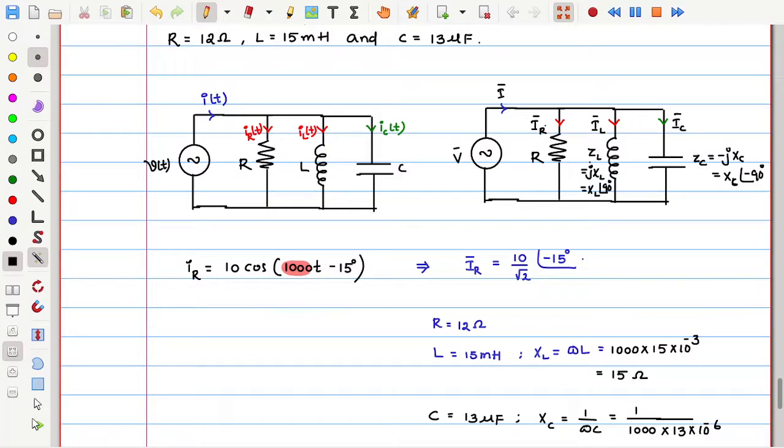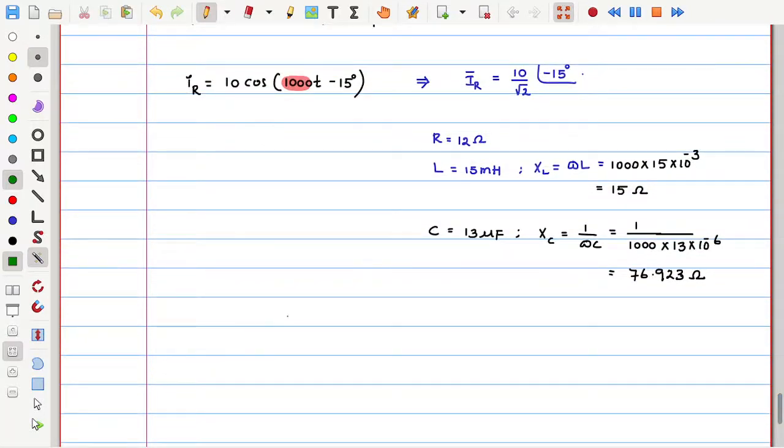Now see that IR is known, resistance is known. Now can I get the voltage across this resistance, which is equal to V? Voltage across the resistance is nothing but the voltage across this entire circuit. Because it is a parallel circuit, the voltage is current into resistance, that is IR into resistance.